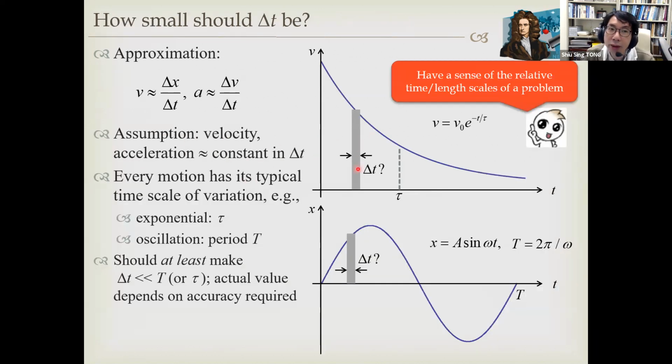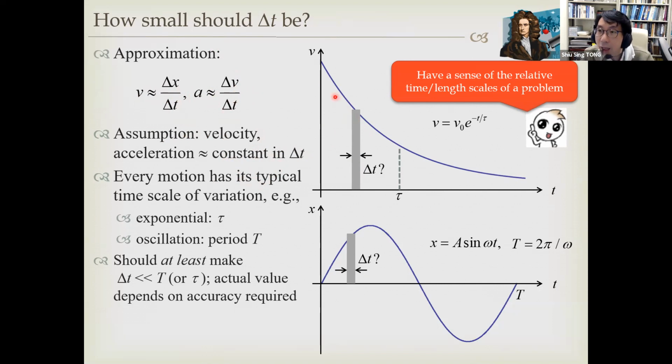So how should I choose the delta t? How small should I choose the delta t? Now, we rely on these two approximations. In doing this approximation, we assume the acceleration and the velocity to be almost constant in that small time interval delta t. But that is not true. That's only an approximation. Well, how good is that approximation?